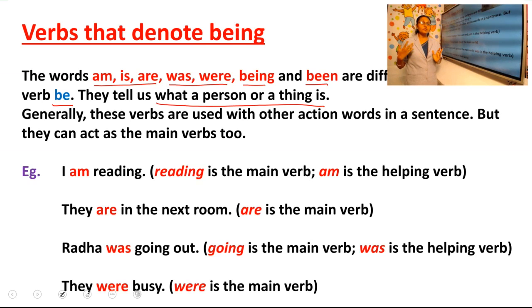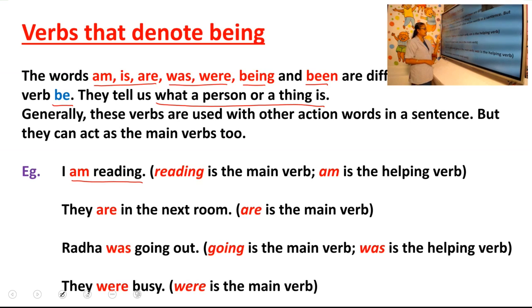See this example, then it will become clear to you. I am reading. In this sentence, you can see the verb am and reading. Here, reading is the main verb. Why? Because it is the action word. That is why it is the main verb.